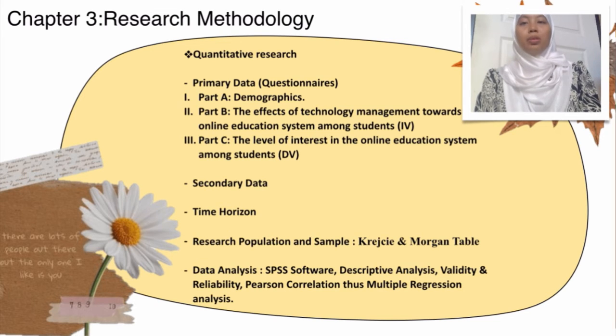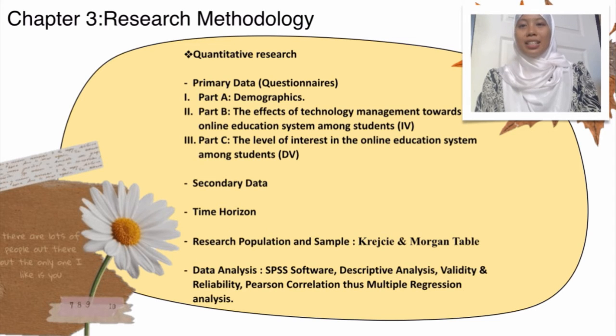According to the Krejcie-Morgan table 1970, if the population is 400, then it needs to collect 169 responses in order to achieve the rate of 100% of responses. For the data analysis which was carried out, SPSS software was used, with descriptive analysis, validity and reliability, Pearson correlation, and multiple regression analysis.